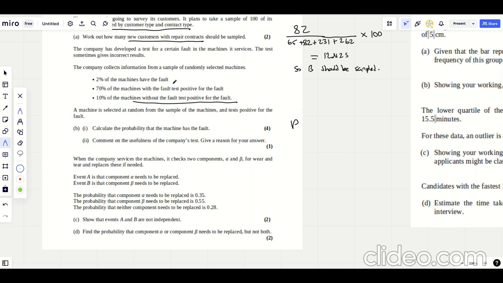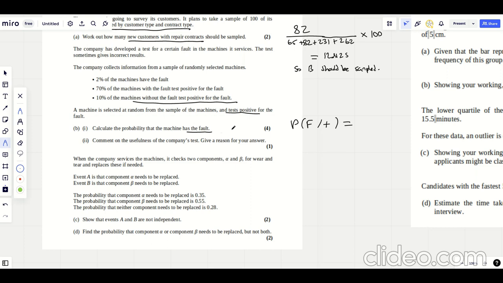Okay, now we want to find the probability that the machine has a fault, given that it tests positive for the fault. So let's just write that. I'm going to write it like this. Find the probability that the machine has the fault, I'll put that as F, given that it tests positive for the fault. Yeah? Now, how are we going to work that out?